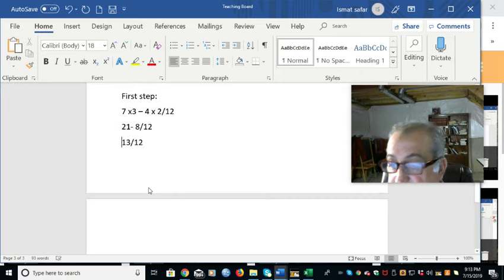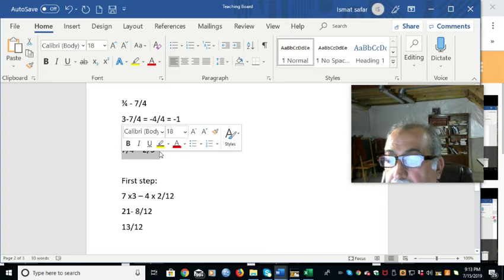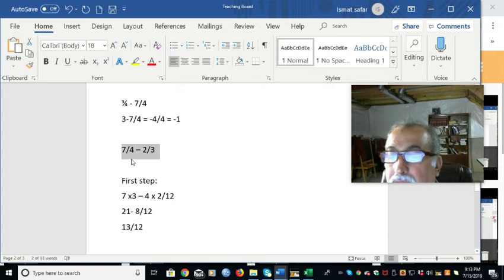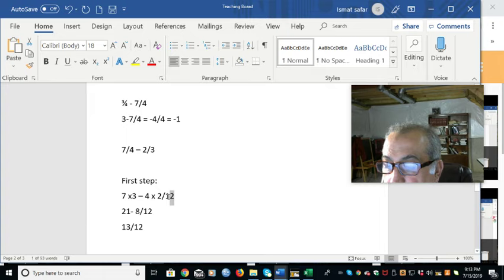That's easy, see? So we have different denominators in this example. We multiply 4 times 3 first, this 4 times this 3, which is 12. That's the bottom.